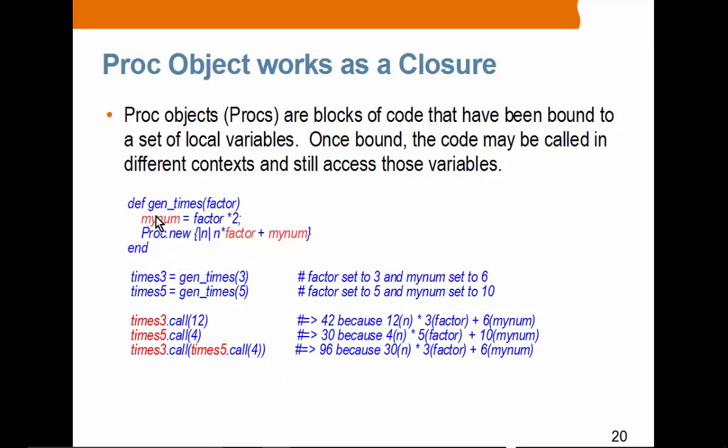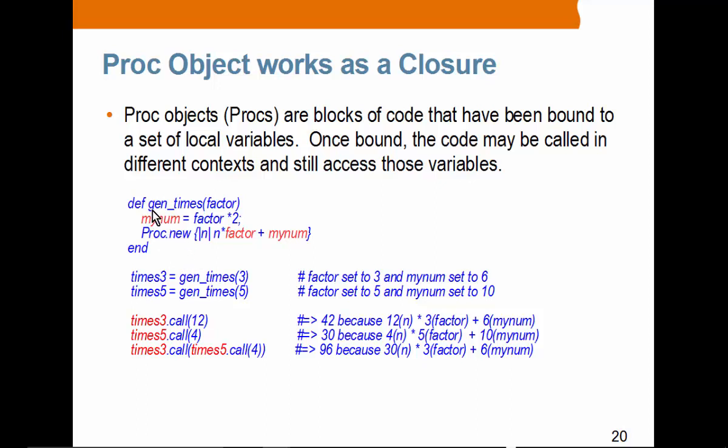We have defined the gen_times method, and it receives factor as an argument. Now we have a local variable called mynum, which is factor times 2. When the proc gets created, by the way, the proc object does not get created here.